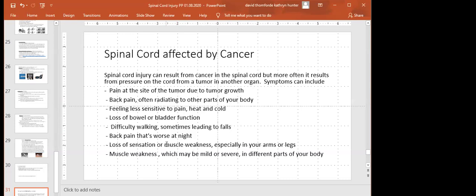All of these are different things that you might see if a person has a spinal cord injury affected by cancer: pain at the site of the tumor, back pain, lack of sensation, loss of bladder and bowel function, difficulty walking, lack of sensation in arms and legs, muscle weakness. Again, all these things that we see in somebody with traumatic spinal cord injury, but caused by cancer rather than a trauma.